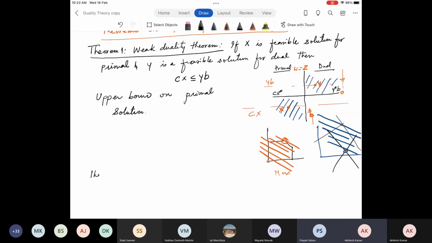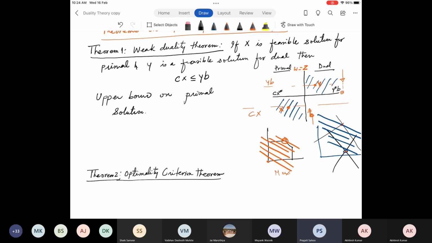Yes, someone is trying to say something. The second theorem is called the optimality criterion theorem, also known as the strong duality theorem.